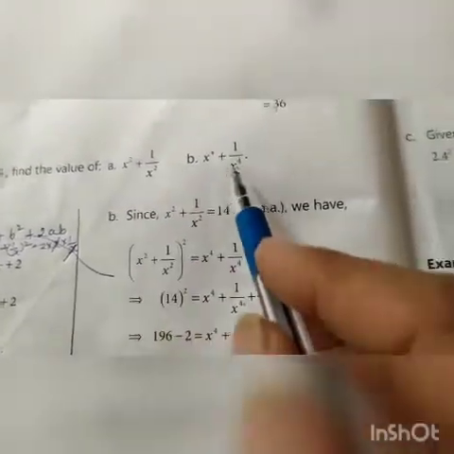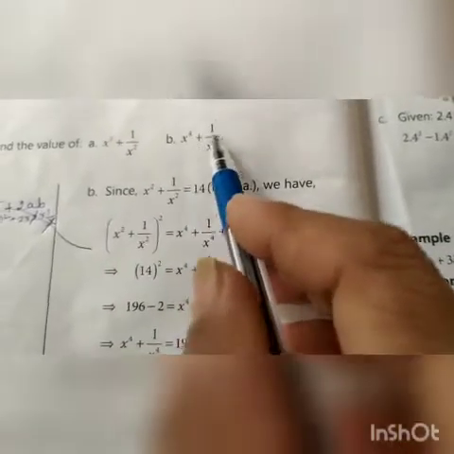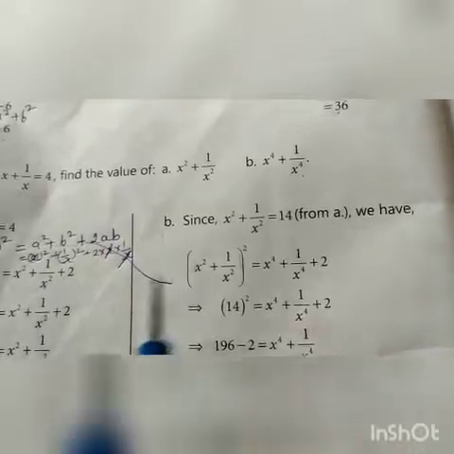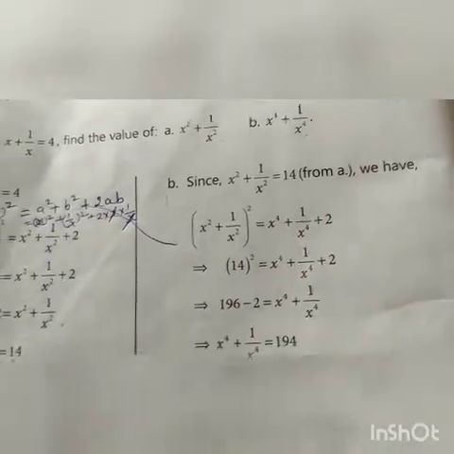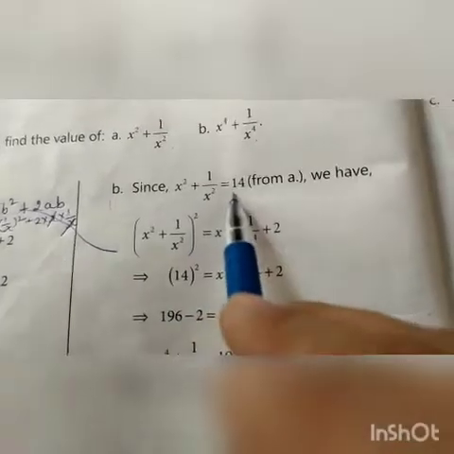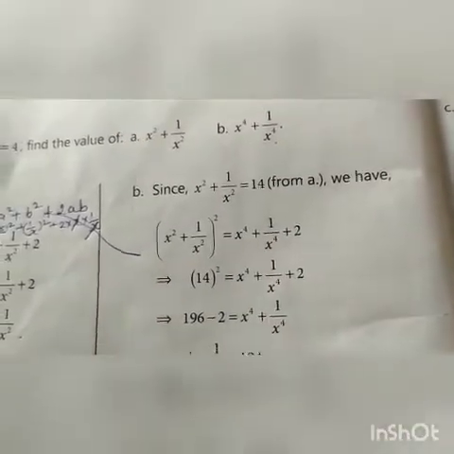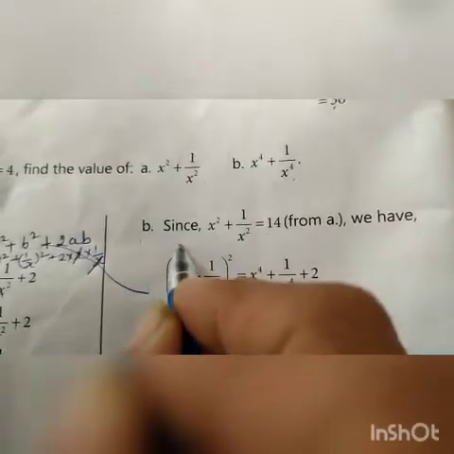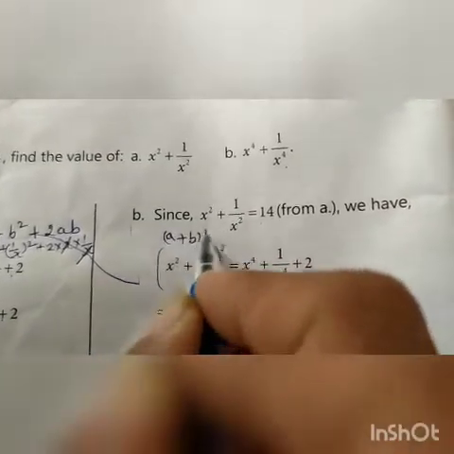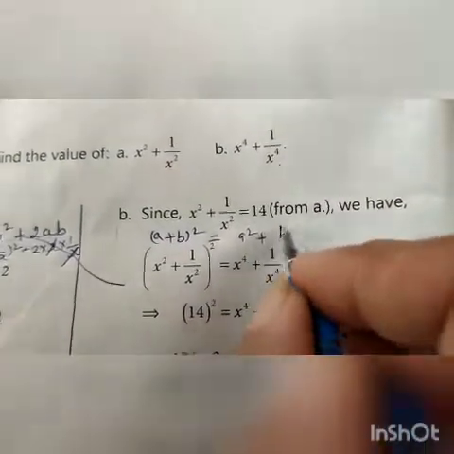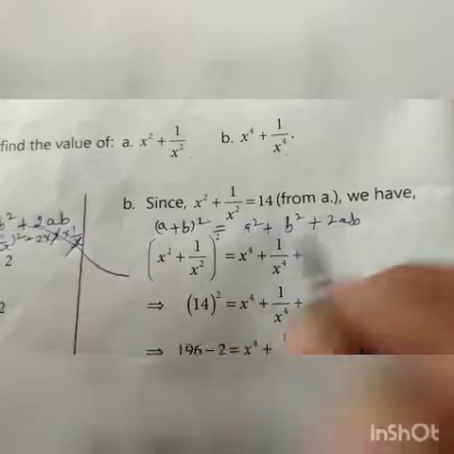Now we have to find the value of x power 4 plus 1 upon x power 4, same as we have done here. Now we will use the value we have found, x square plus 1 upon x square is equal to 14. This time again we will use (a plus b) whole square is equal to a square plus b square plus 2ab.